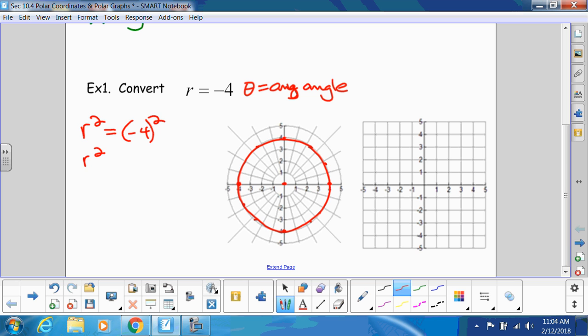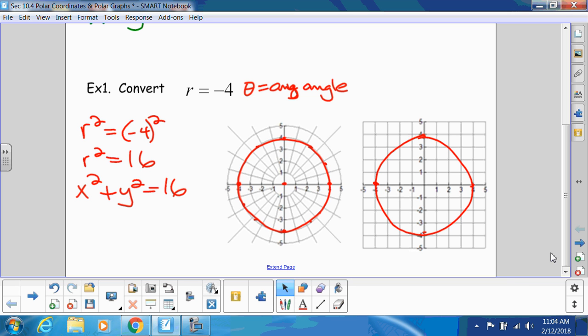So r squared is equal to 16. The reason I'm doing r squared is because we said that x squared plus y squared equals r squared. And that would be how we do an equation of a circle in rectangular. Okay, so that's a simple one.